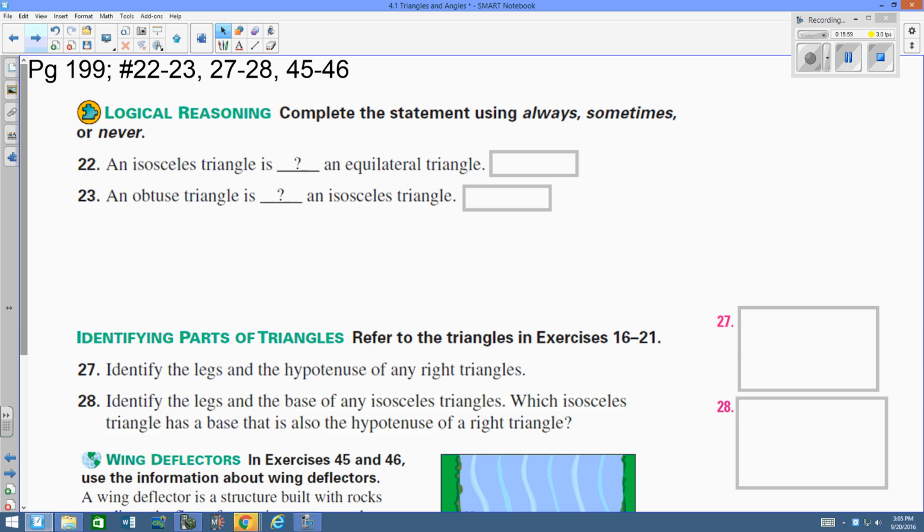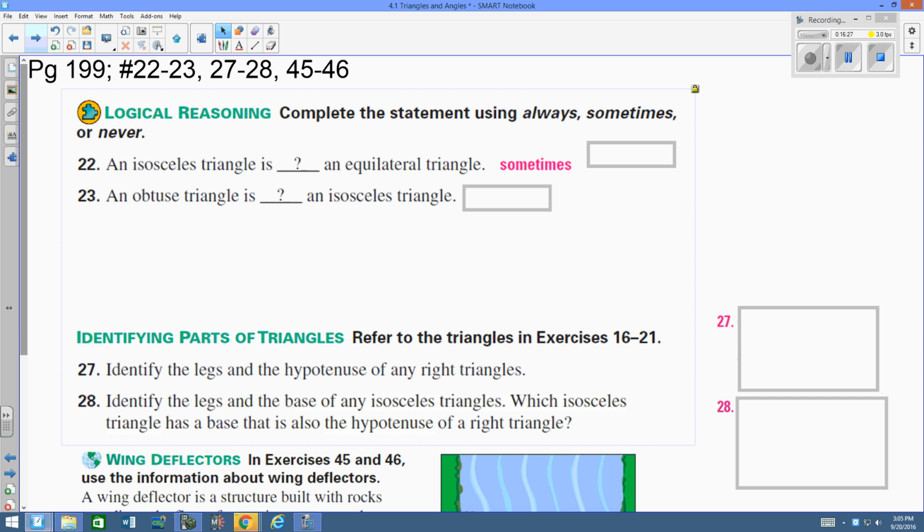All right, an isosceles triangle is sometimes an equilateral triangle because when an isosceles triangle has two sides the same, it's not an equilateral triangle, but when it has three sides the same, it is. Because an isosceles triangle is two or more. So that's kind of a trick question.